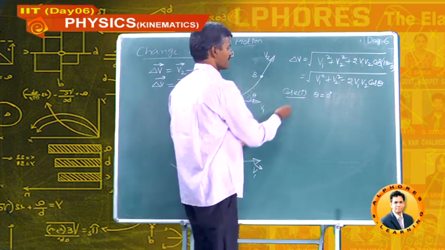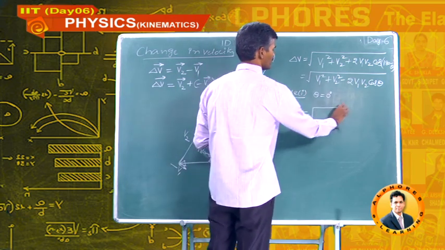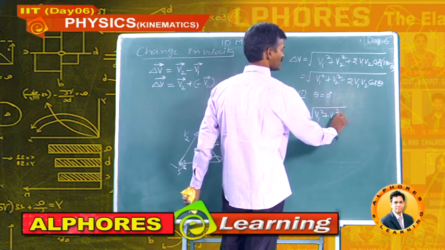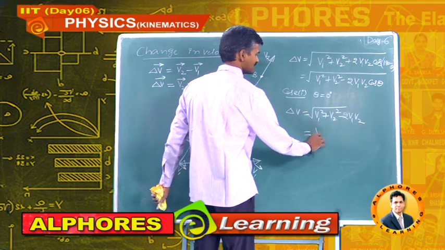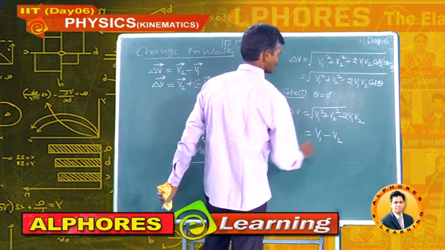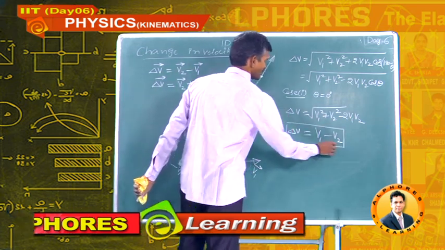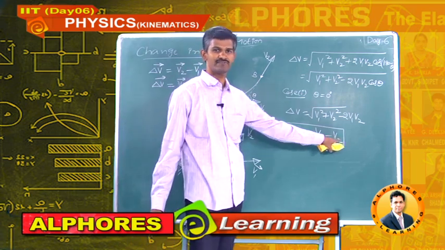So here the change in velocity is root of V1 square plus V2 square minus 2V1 V2. This is nothing but V1 minus V2. This is the change in velocity. If two vectors are in the same direction, change in velocity is V1 minus V2.